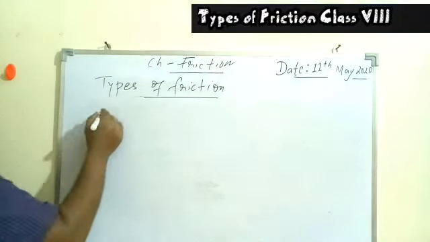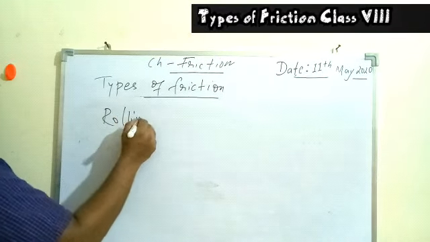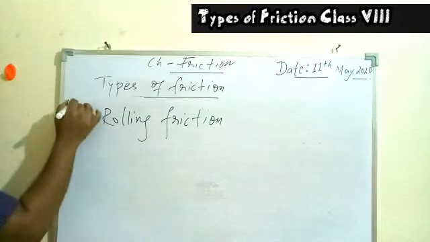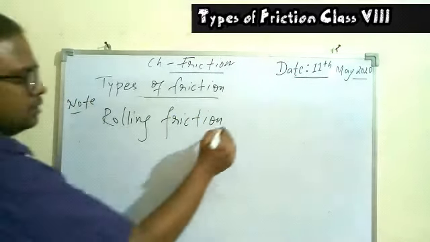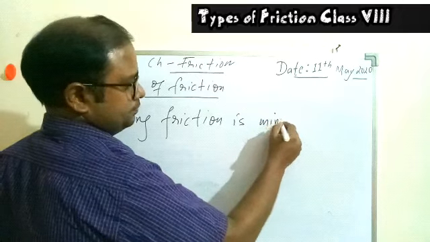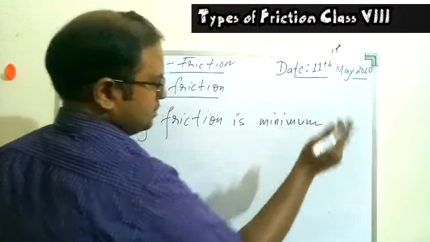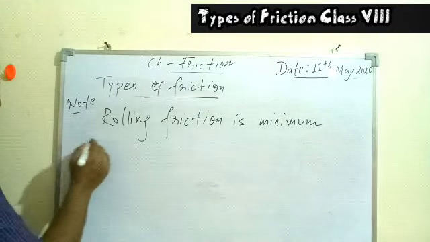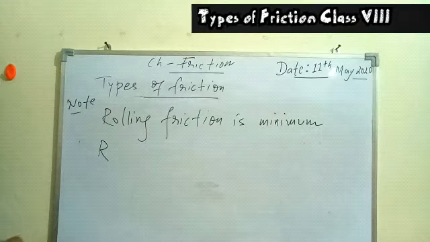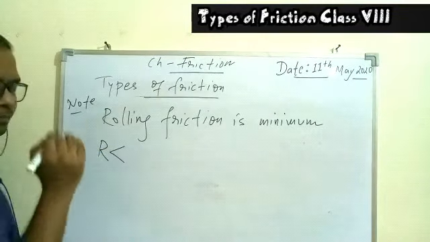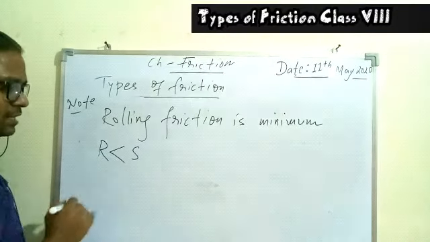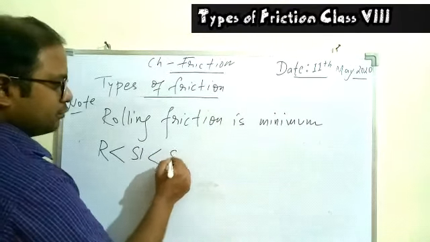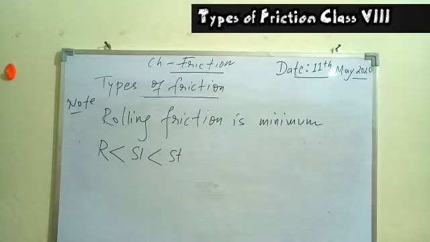So we can say rolling friction, that you can write in the note also, is minimum as compared to the static and sliding. If I give the name rolling friction as R, this is the minimum, sliding friction is SL, and static friction is the maximum.